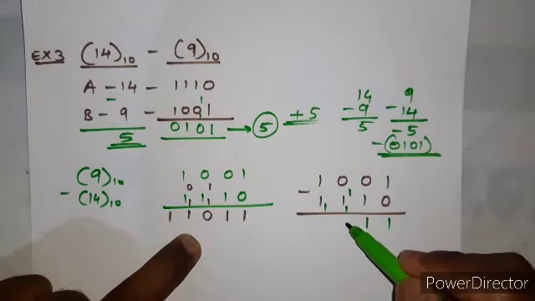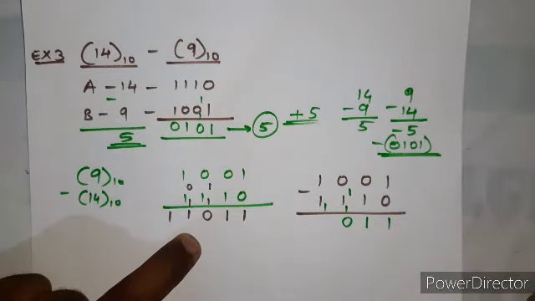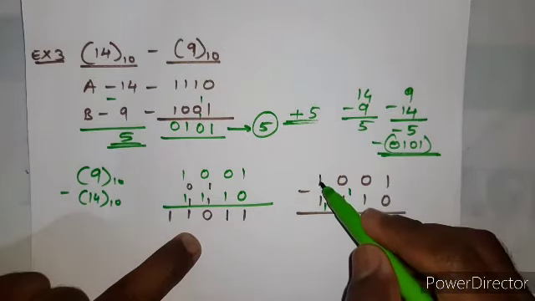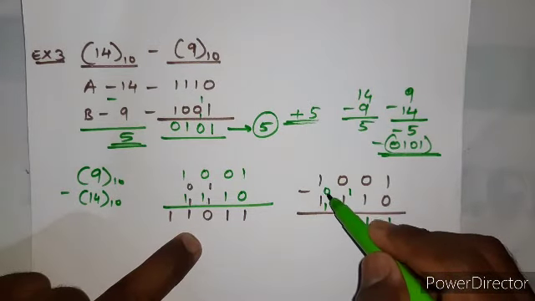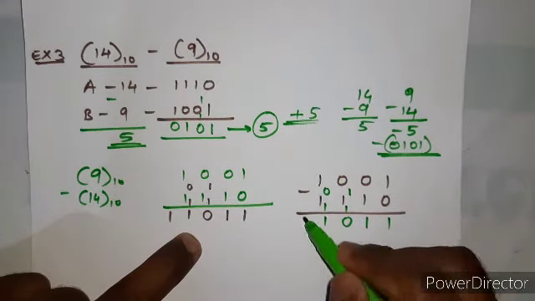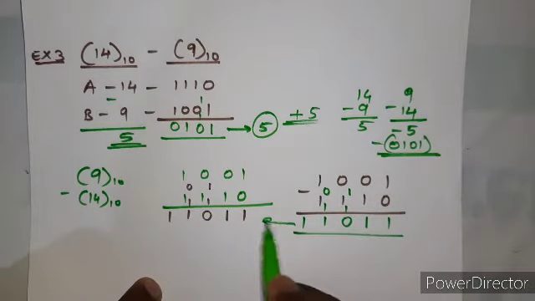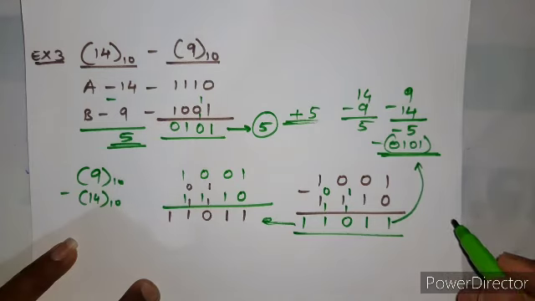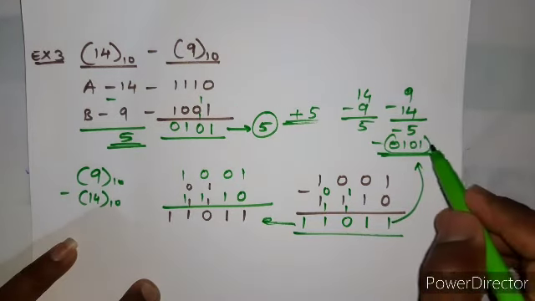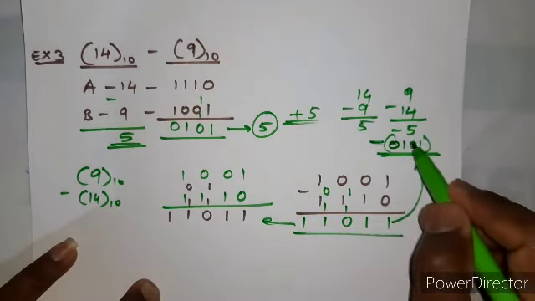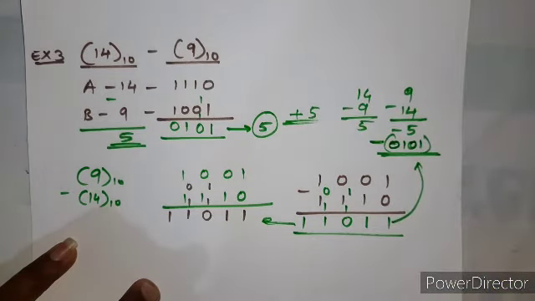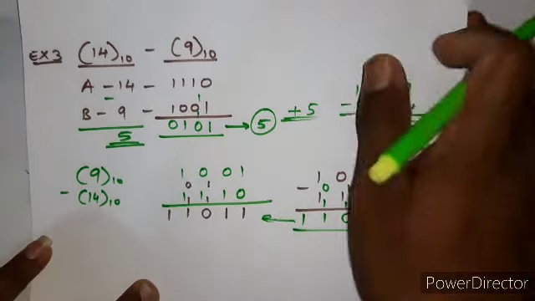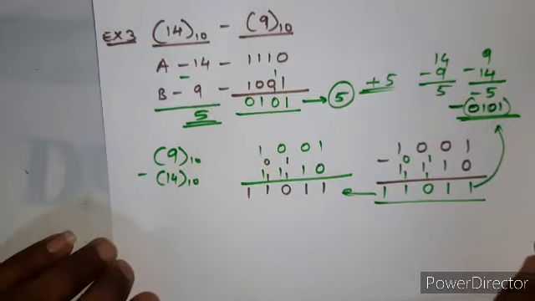And 1 minus 1 is 0. 1 minus 1 is 0, 0 minus 1, difference is 1, borrow 1. Oh, the same answer we are getting. But is it the answer which should be minus 0101? No, it is not this answer.